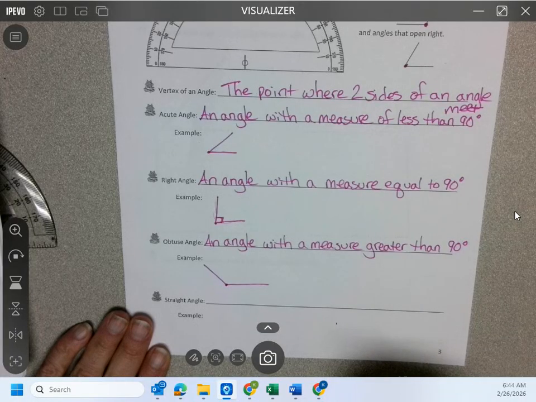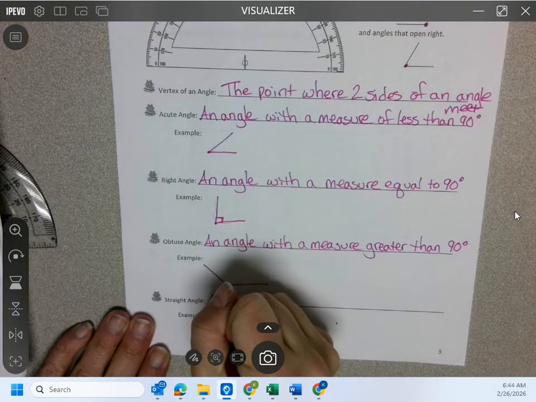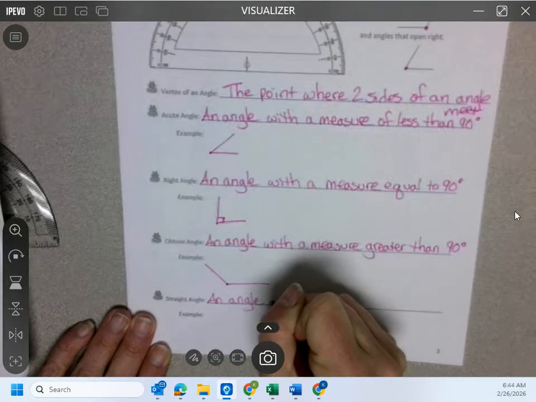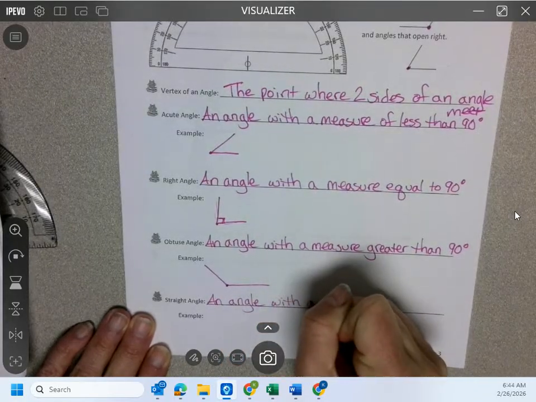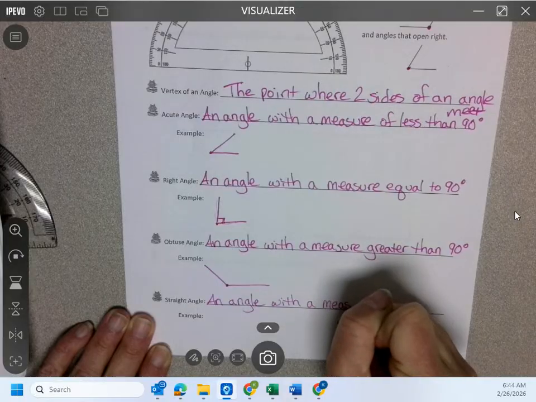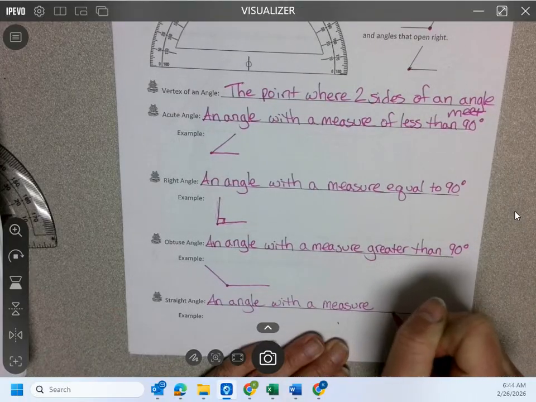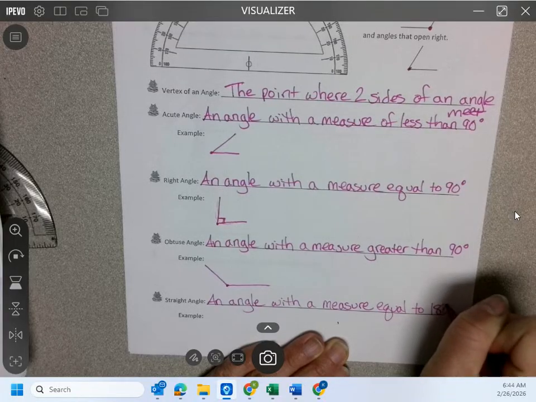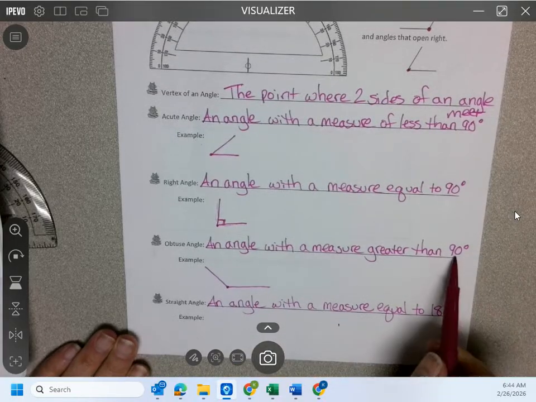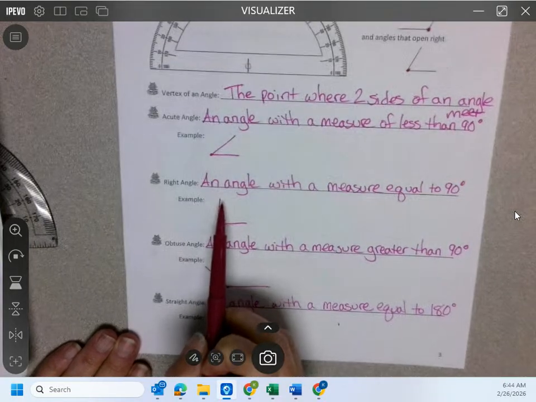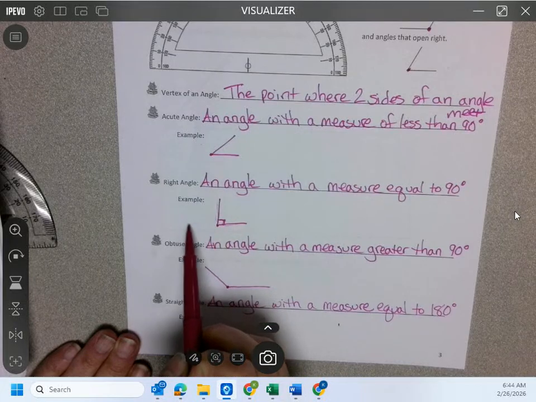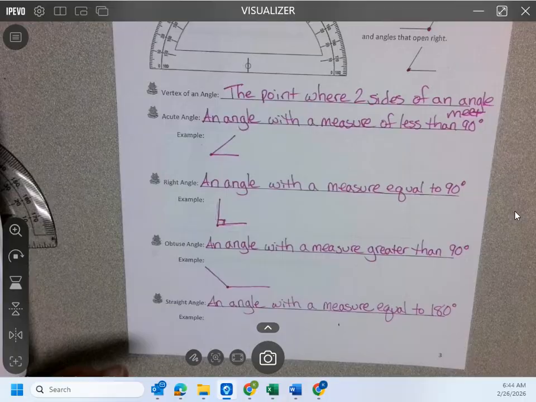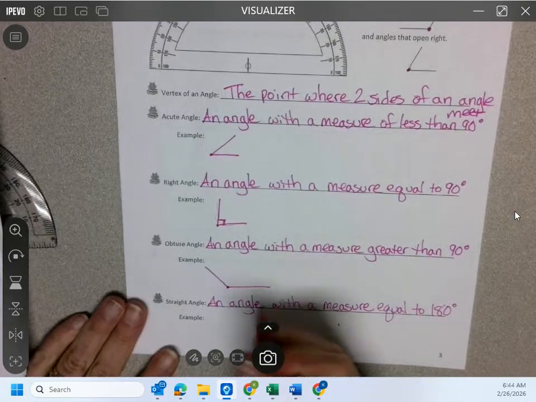One more angle for us to talk about, and that is a straight angle. A straight angle is an angle with a measure that is equal to 180 degrees. Now, if we have a right angle is 90 degrees going one way, and there was a right angle going the other direction, 90 plus 90 would equal 180 degrees.